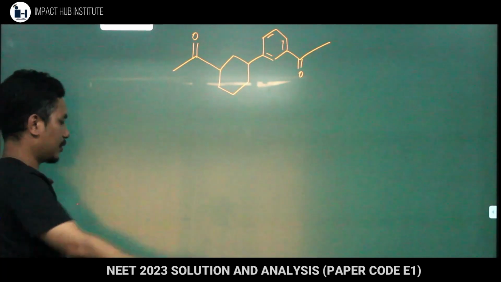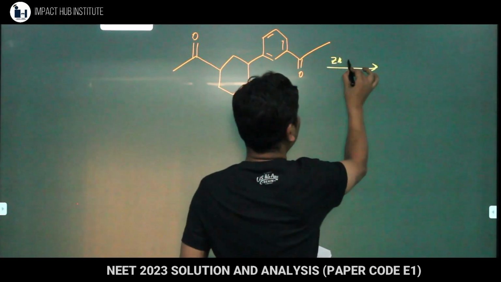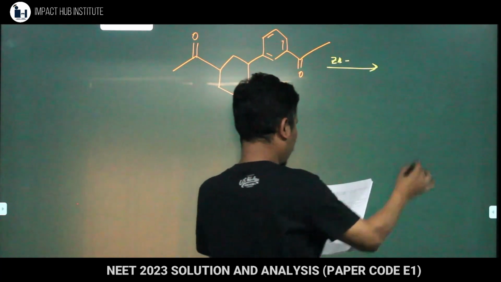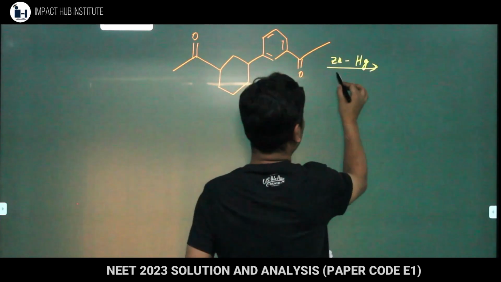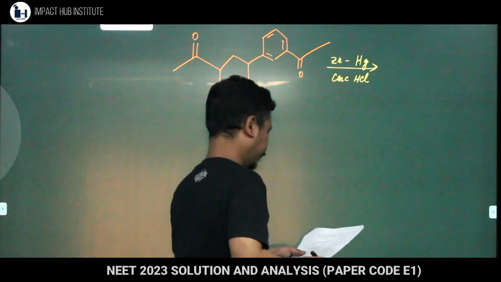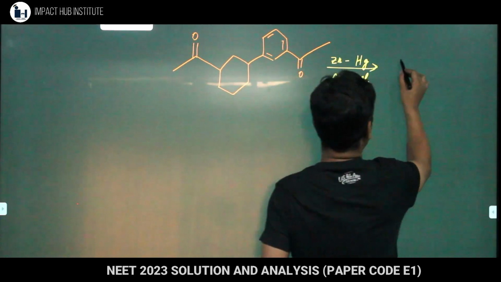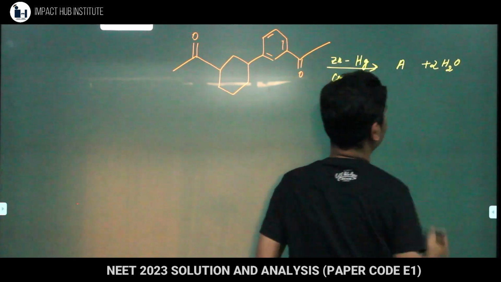This compound is reacting with zinc and mercury in the presence of concentrated HCl. It is giving you A plus 2 molecules of water.